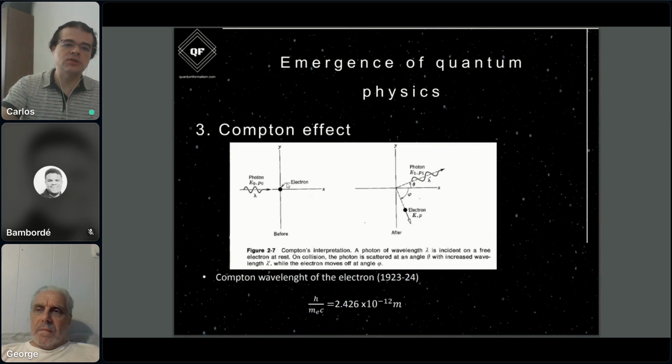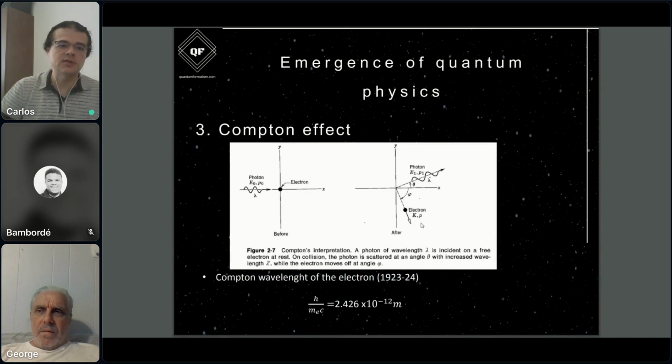The electron is at rest, and the photon comes and gives the electron the momentum and energy. So this is a behavior like a particle, not a wave, right? The behavior like a wave, you would have things like interference.